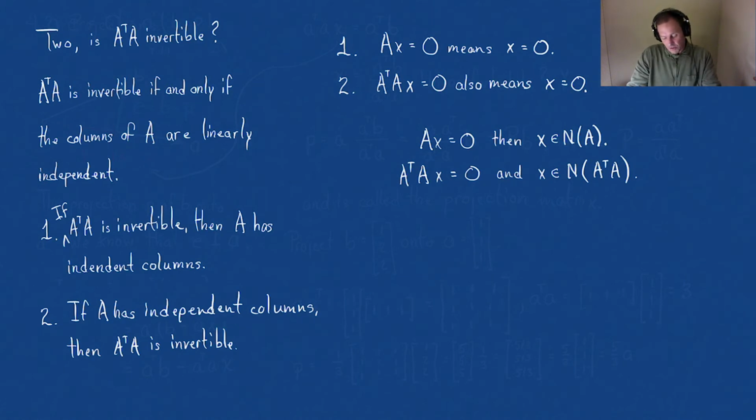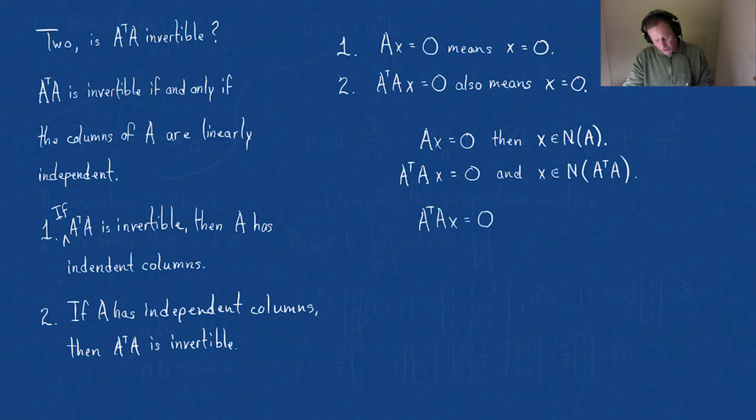If it's 0 in one of those null spaces, then it's 0 in the other. And if it's not 0 in one of those, it's not 0 in the other. So it has to hold up to both at the same time. So here's what we can do. Let's take A transpose AX equals 0.